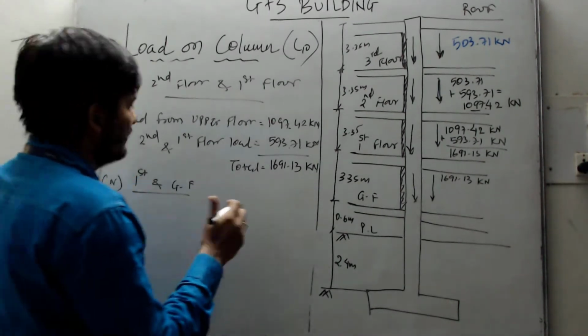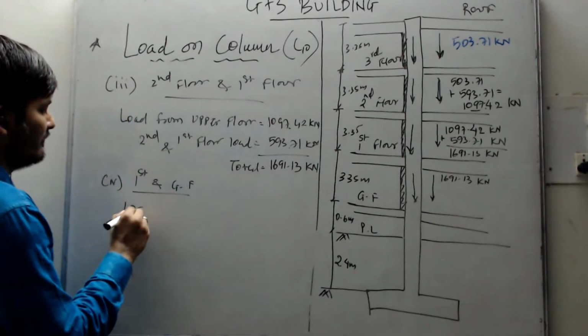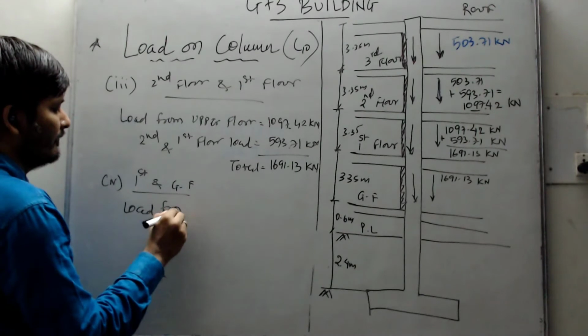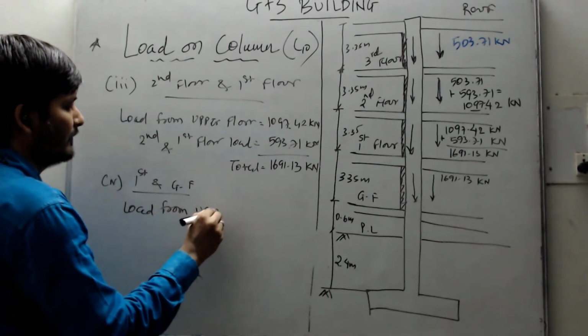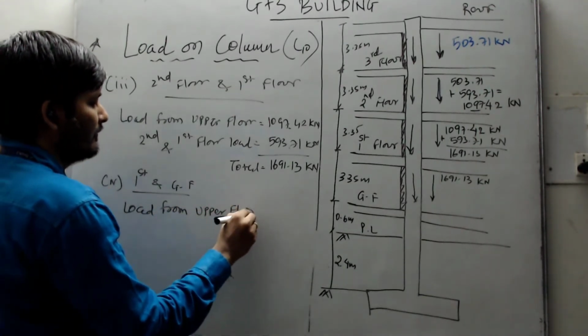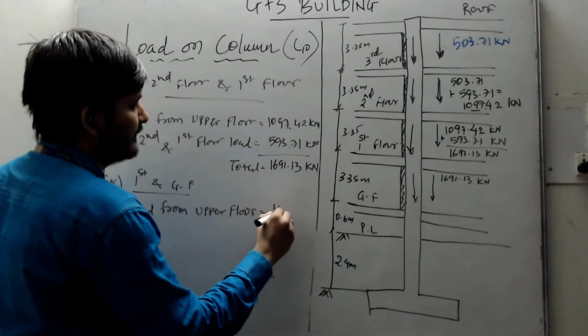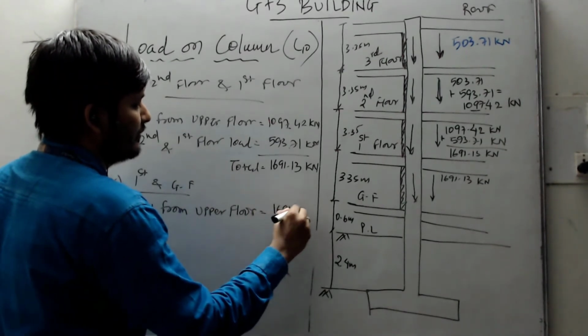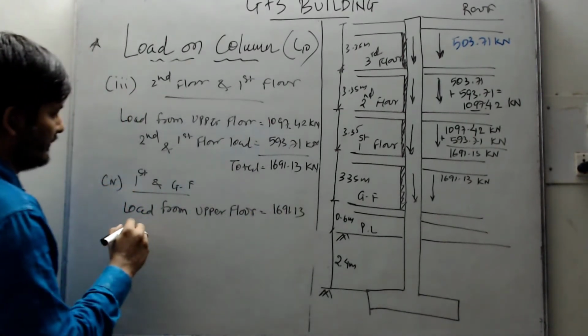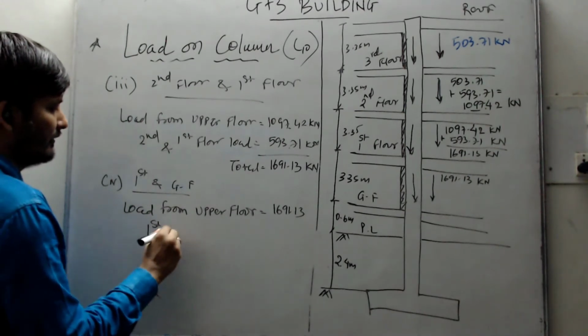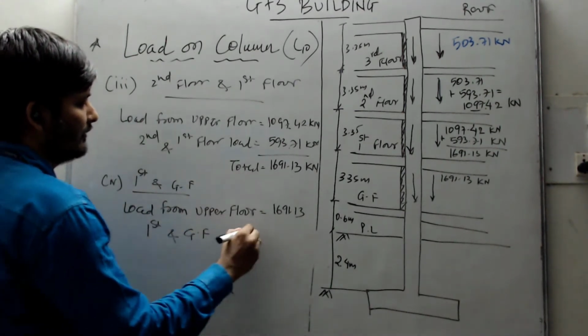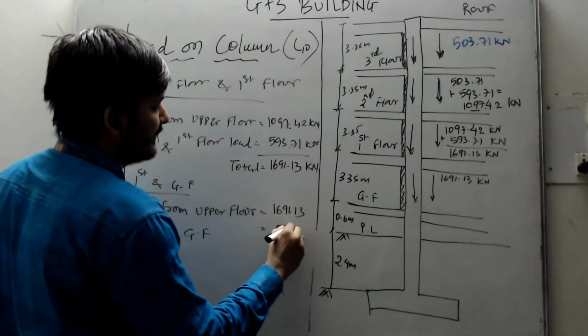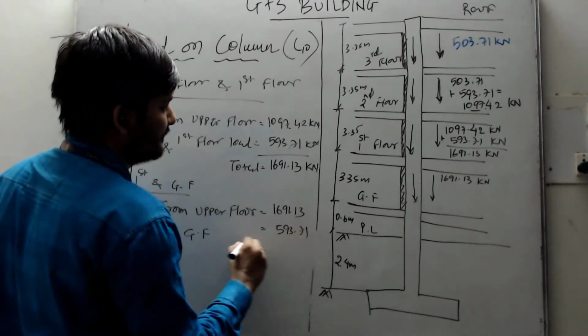593.71. So let's write down the load from the upper floor. I am getting 1691.13, and between first and ground floor I am having 593.71.